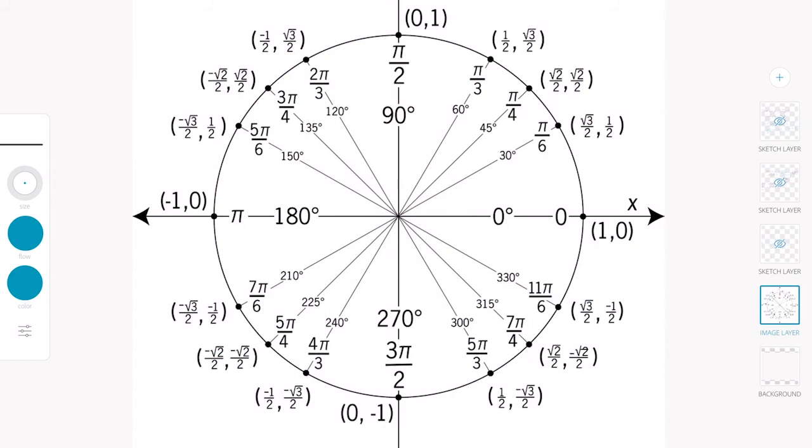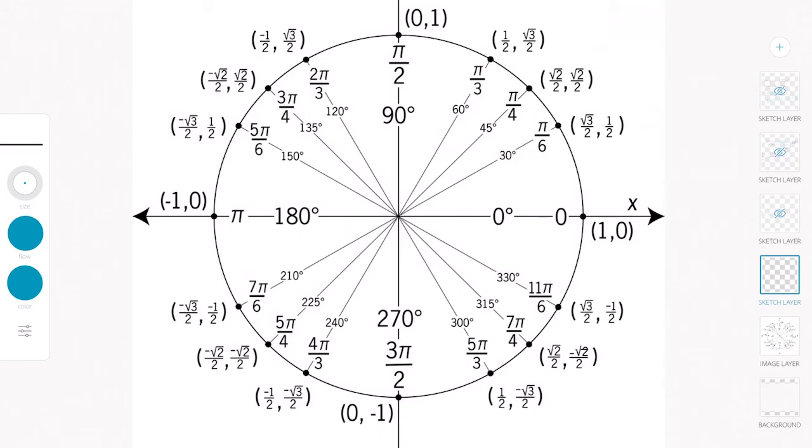We are looking for a value for x, which sine of that is negative root 2 over 2. So we can see at 5 pi over 4 and 7 pi over 4, the value of sine of that is negative root 2 over 2.